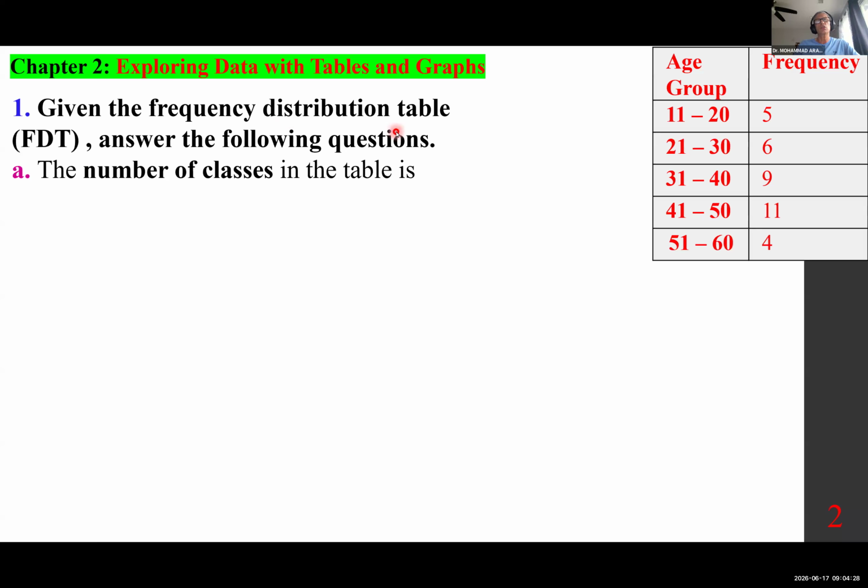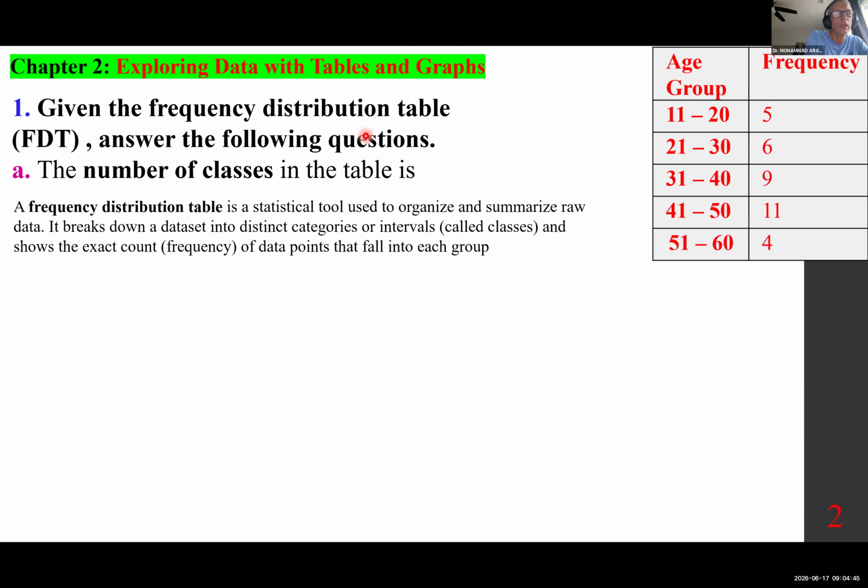Given the frequency distribution table, FDT, answer the following questions. The number of classes in the table is. So first and foremost, what is a frequency distribution table? A frequency distribution table is a statistical tool used to organize and summarize raw data.